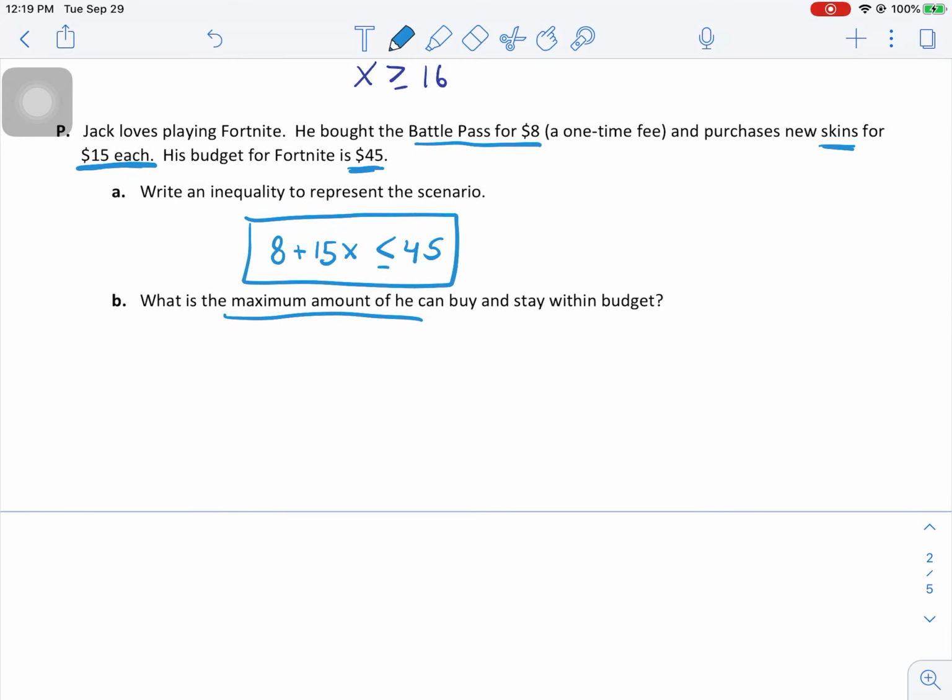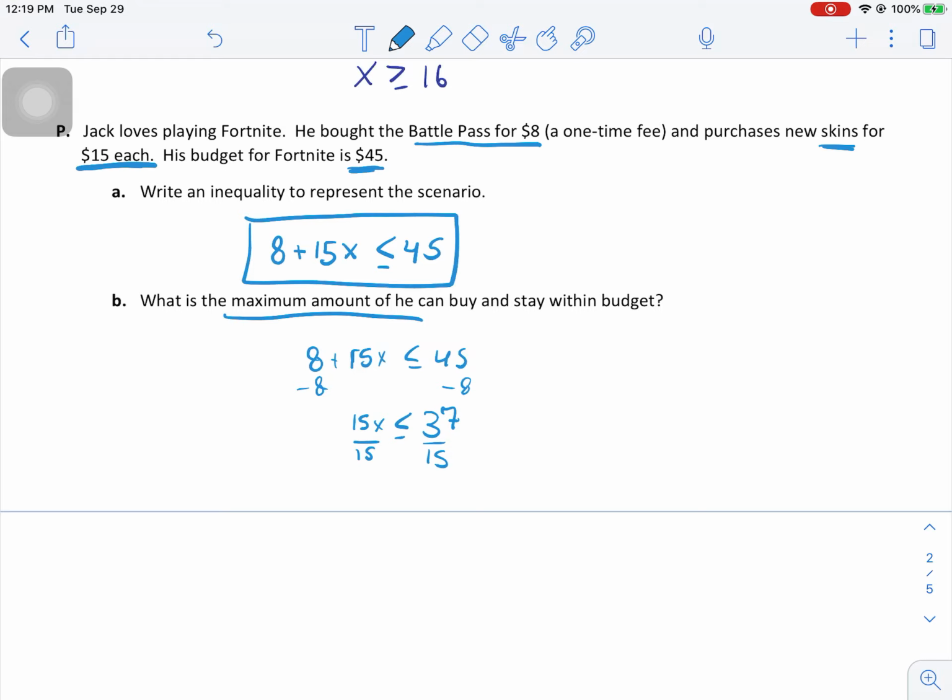It's asking us what's the maximum amount he can buy and stay within his budget, so then it's asking us to solve for x. Okay, so we subtract 8 from both sides. We get 15x is less than or equal to 37. Okay, and then from here we're going to divide both sides by 15.